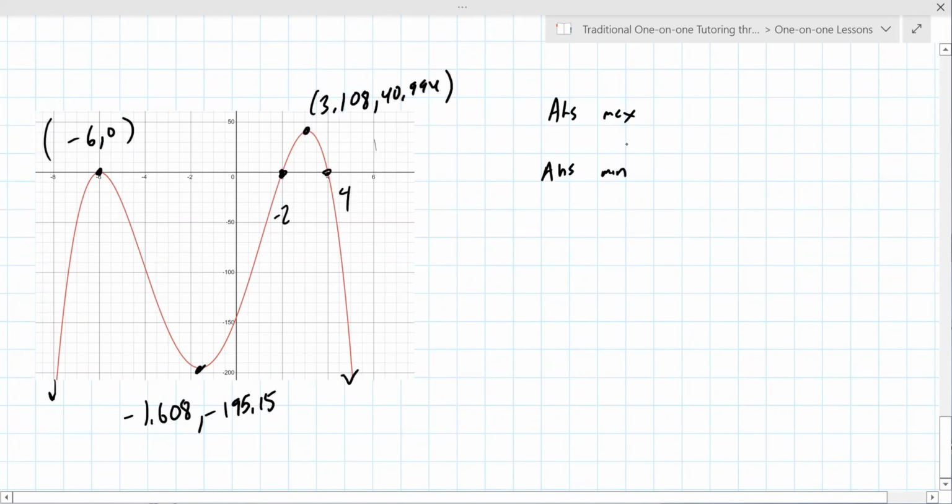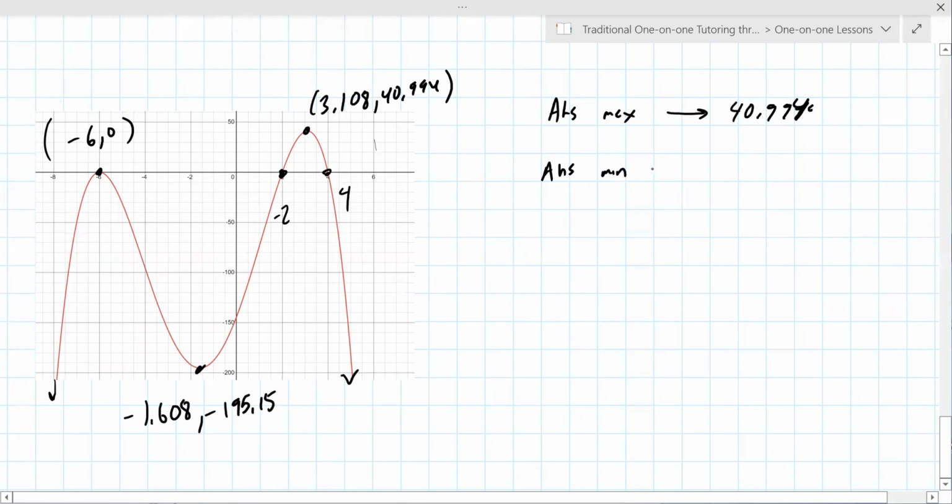The absolute max has to be the absolute largest, highest peak. What's the highest peak? The 3.108. Yeah, now the number you just gave me is where the absolute max is, but they generally want the y value, the 40.994. And that's the answer to what is the absolute max. It's 40.994.